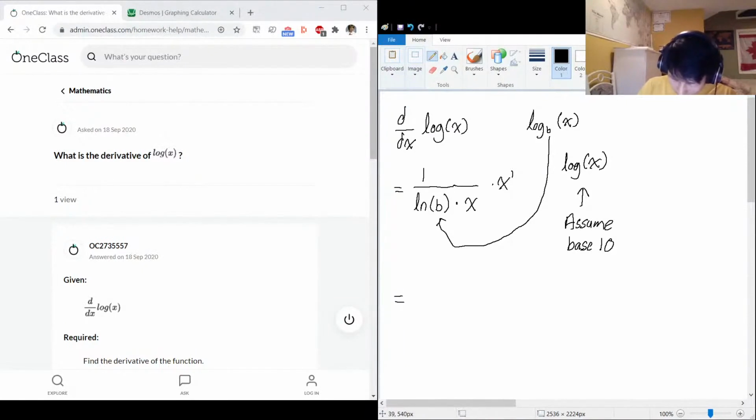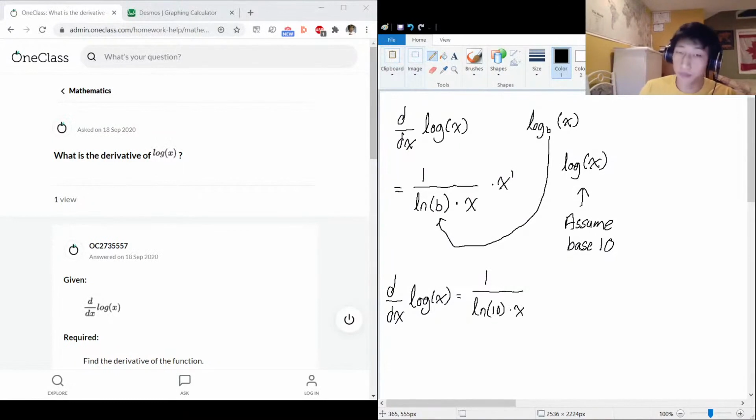So the derivative of logarithm x is equal to 1 divided by the natural logarithm of 10, that's the base, multiplied by x.